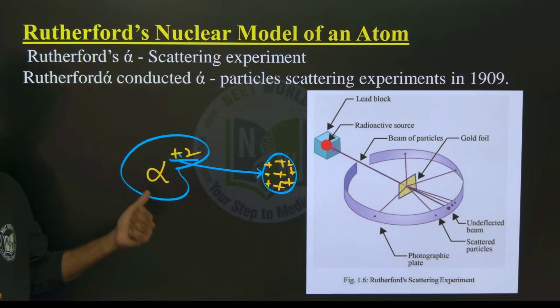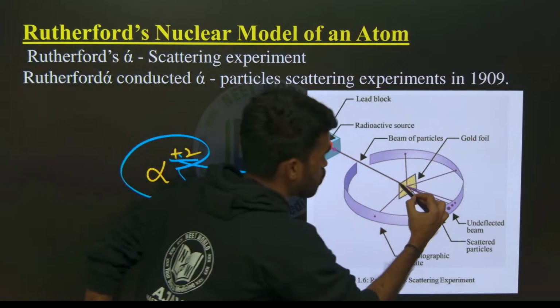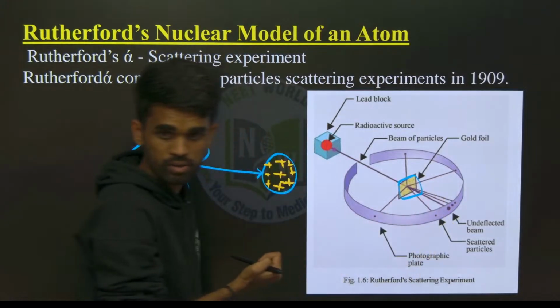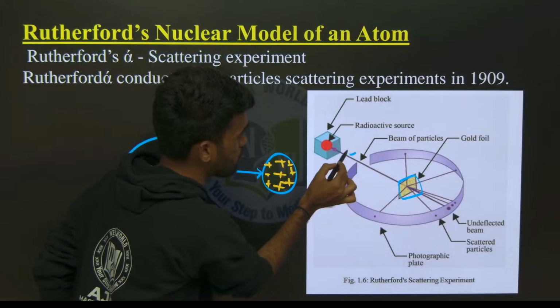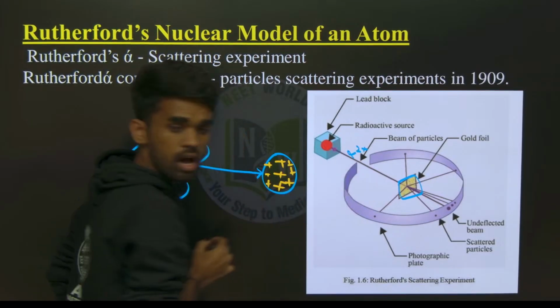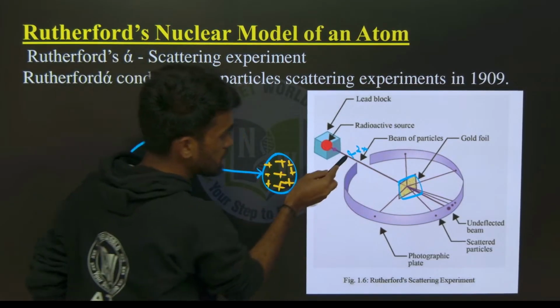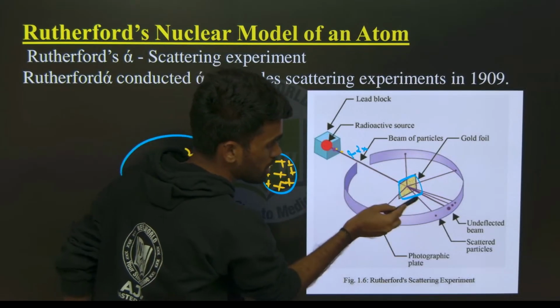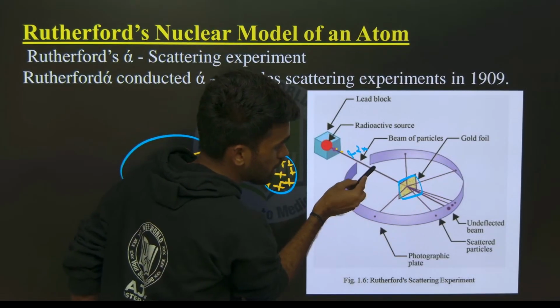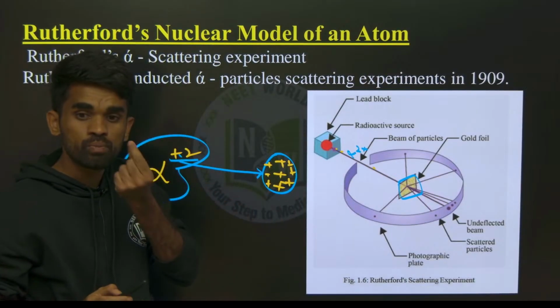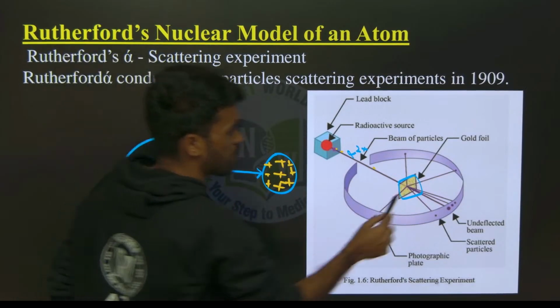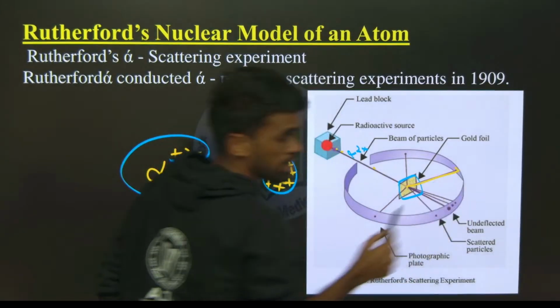But the reality is, when he took a gold foil, which you are seeing here, and this is the source of alpha particles, the alpha particles came out without any deflection. But very few alpha particles had some deflection with some angles.